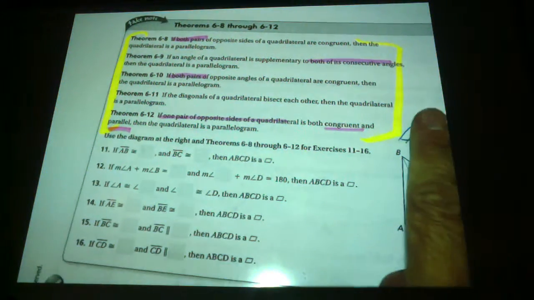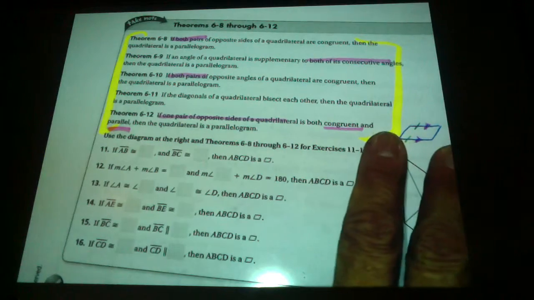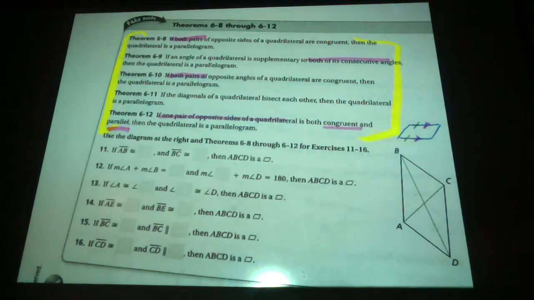The minute that you have one set of sides that are both parallel and congruent, the other two sides have to fall into place. So all you have to do is prove that, and you prove that you have a parallelogram. So that one is new. So that one you need to put on the flashcard. And so add that to your characteristics up there, that we put on a separate piece of paper yesterday.